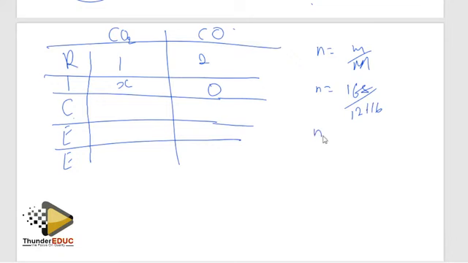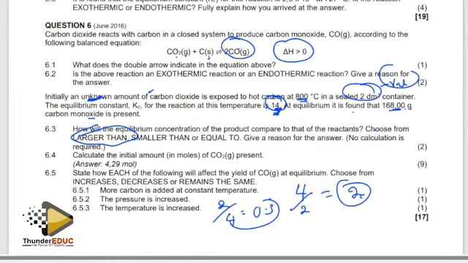So number of moles is going to be 1 over 28, and then when you calculate it, it's going to be 6 moles when you divide. So it means that the change here is 6. What we produced is 6, and what remained at equilibrium is exactly 6. Yes, because that is product. Is it clear?